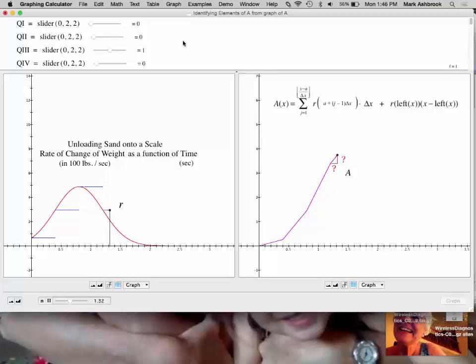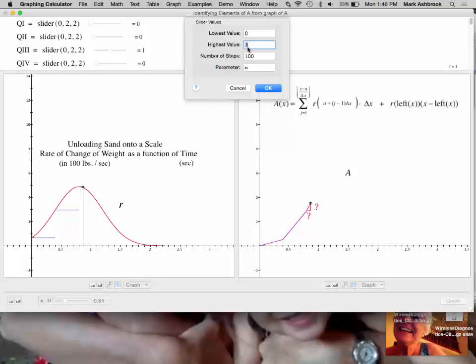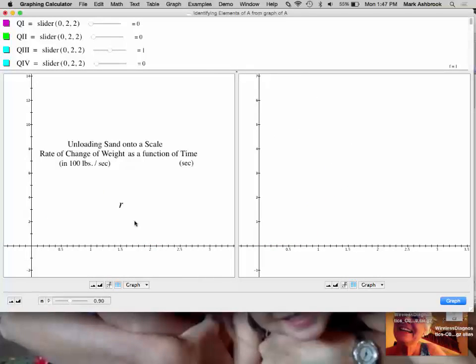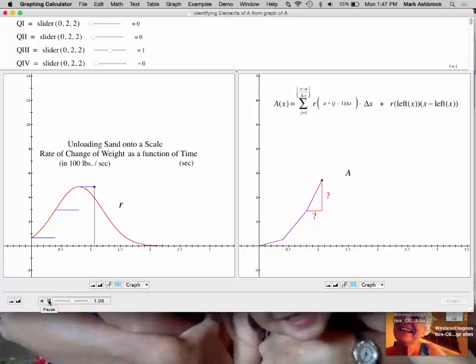Okay, go. Okay, how do we represent this horizontal quantity right here? dx.